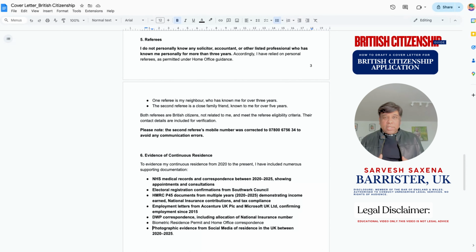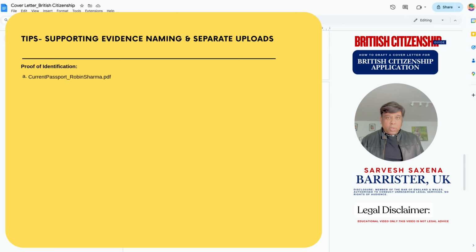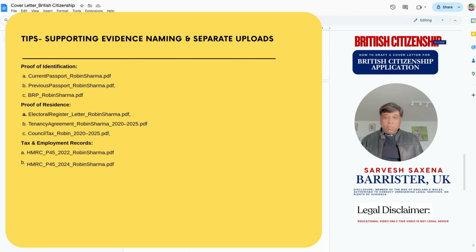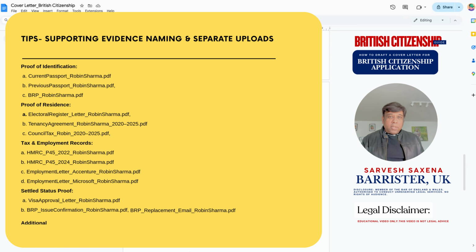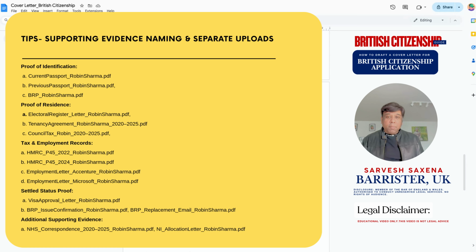My suggestion is each evidence should be a separate PDF file with medium compression and naming like NHS proof of residence in the UK 1 underscore NHS 2020 to 2025. The second would be proof of residence number 2 underscore electoral register. Proof of residence number 3, employment letters, P45 forms, and XYZ.